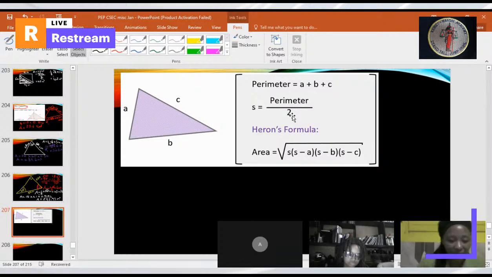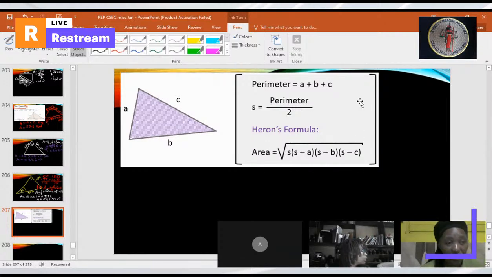When you get the semi-perimeter, you are going to plug it into this formula. That means you put the semi-perimeter here, you subtract each side from the semi-perimeter, and you multiply those answers by each other and find the square root.